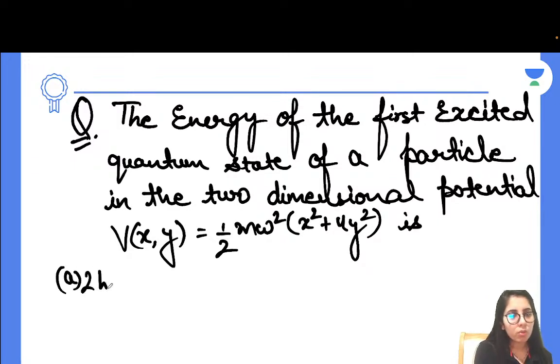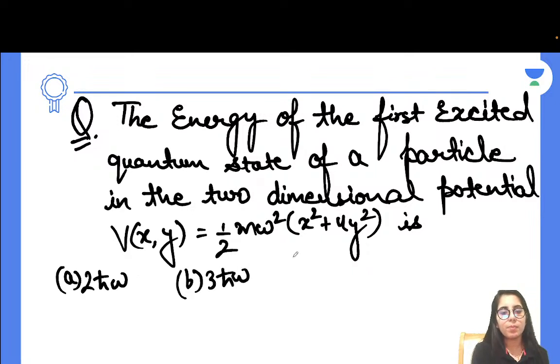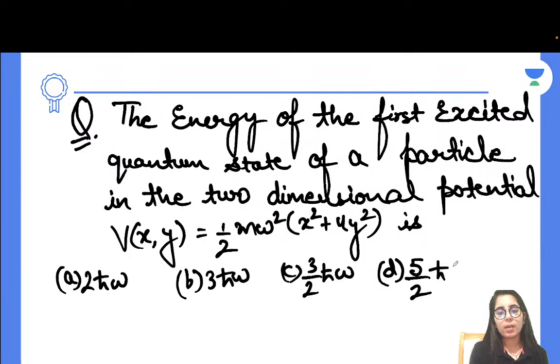Options are 2 h squared omega, 3 h squared omega, 3 by 2 h squared omega, and next we have 5 by 2 h squared omega. You can try it now and let me know what is the right answer according to you.